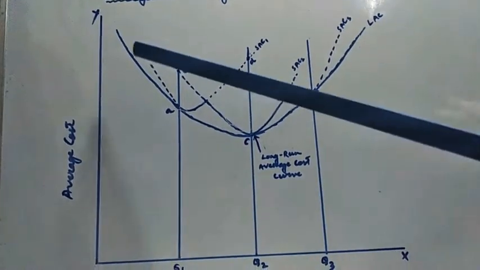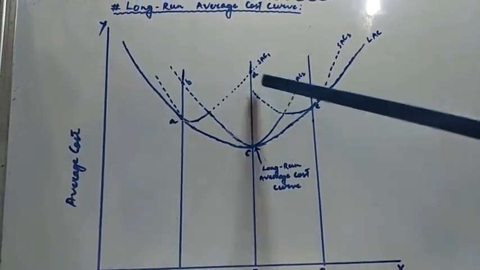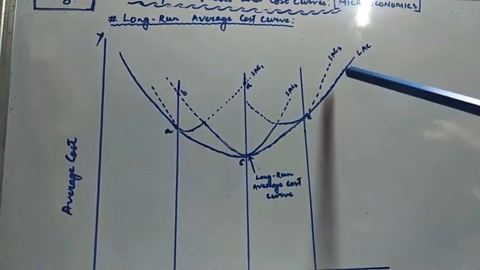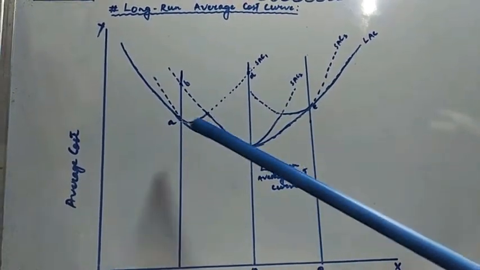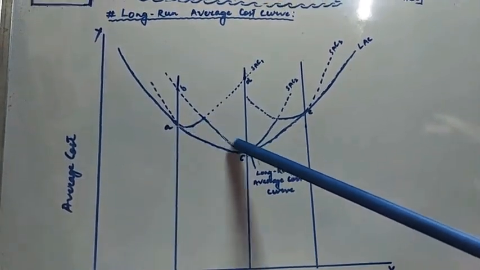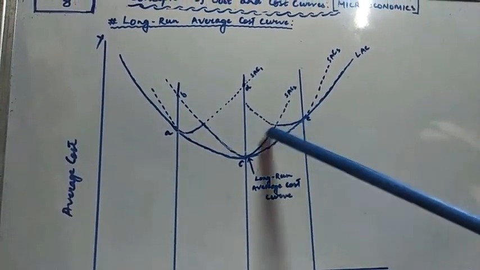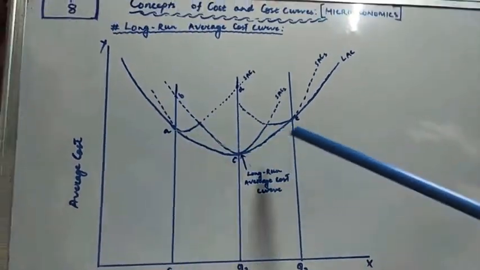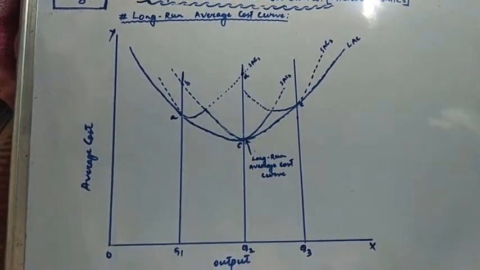The dotted part of the short run average cost curves will not form part of the long run average cost curve; it is only the solid scallop portion that forms it. That is how we derive the long run average cost curve.